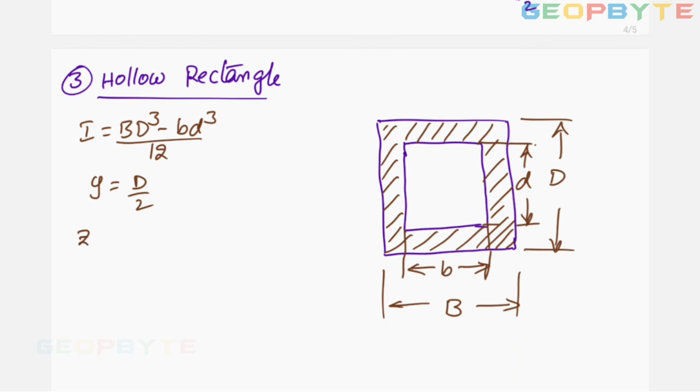Z equal to I by y. Substituting these two values, Z equals capital B capital D cube minus small b small d cube by 6D.